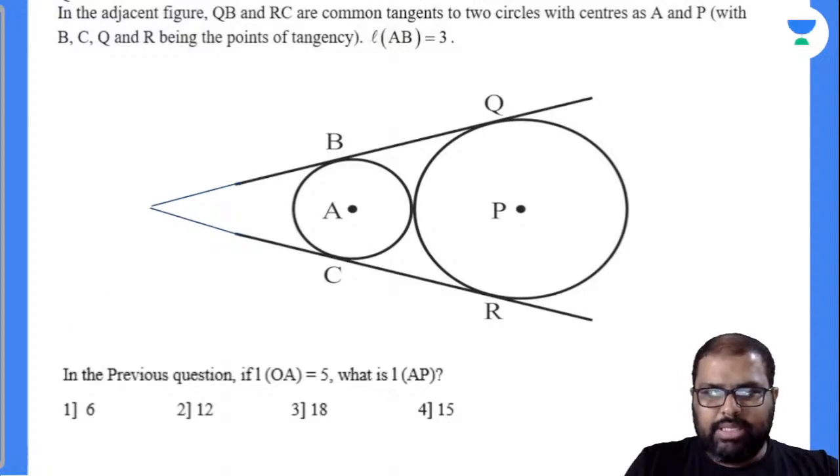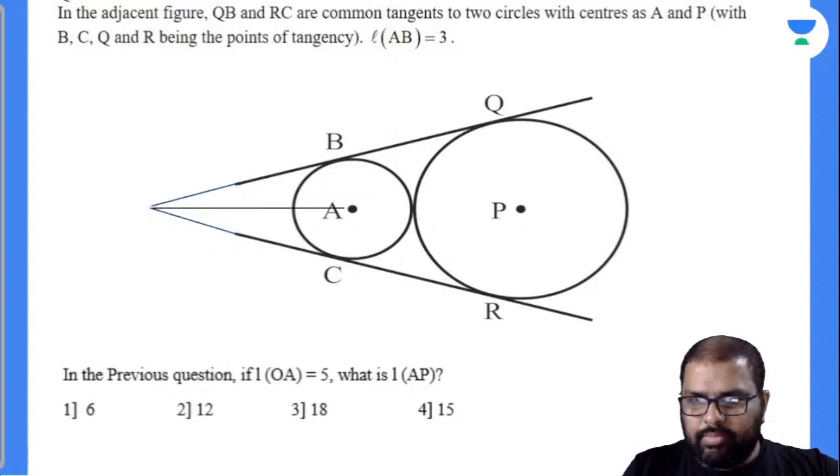Perfect. Now see here, I'll extend this one. Everybody knows AB length is given there.